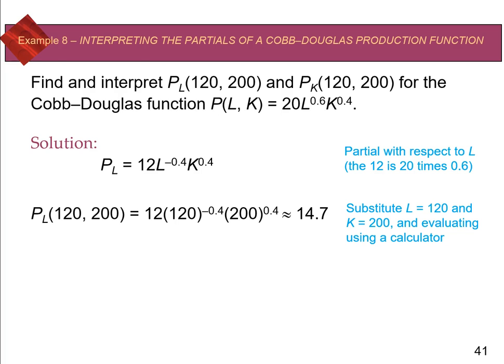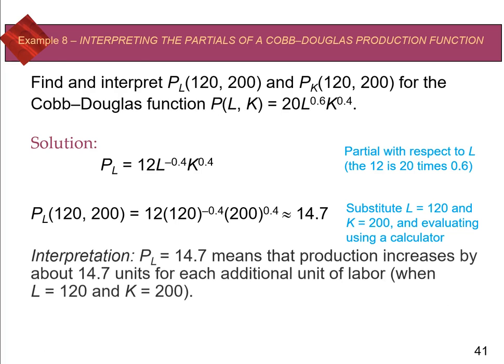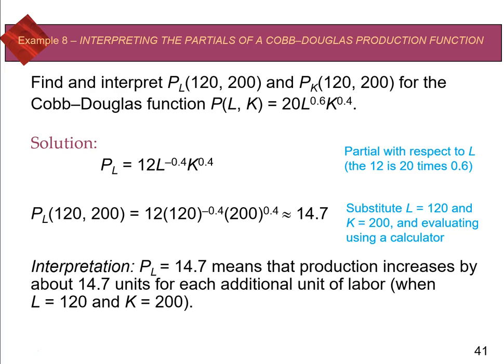Interpreting what this means, the production increases by 14.7 units for each additional unit of labor, whatever those units may be. They don't really define what they are. So production increases by 14.7 units for each new unit of labor that's added to the mix.